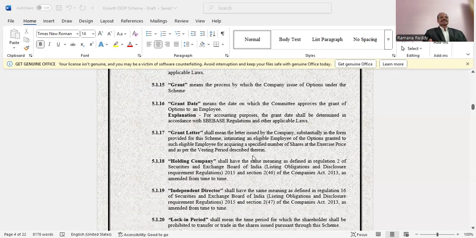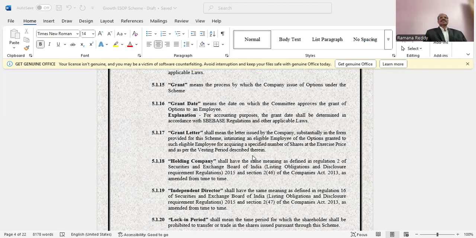Grant letter, because company will issue the letter substantially in the form provided in the scheme, intimating an eligible employee of the options granted to such eligible employee for acquiring a specific number of shares at the exercise price and as per the vesting period described there.